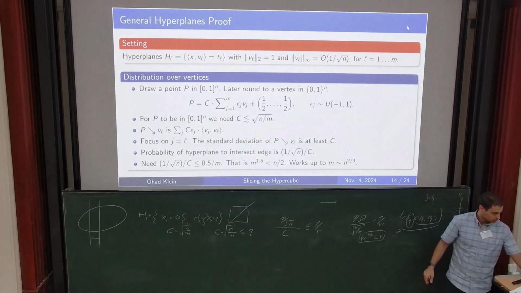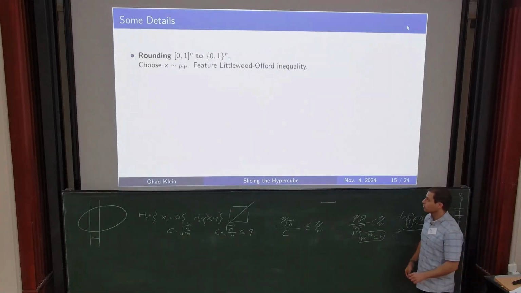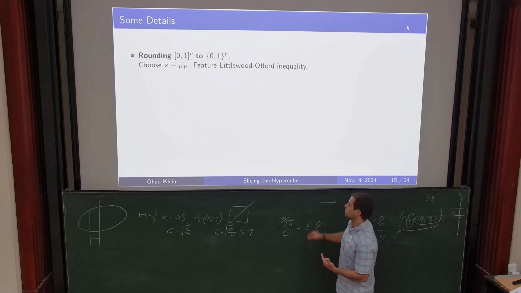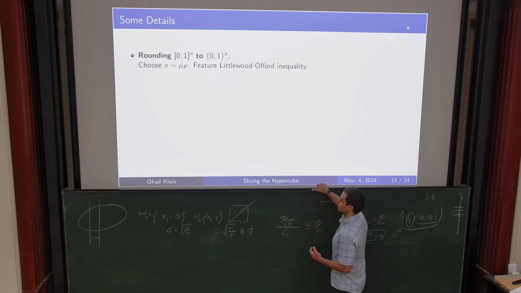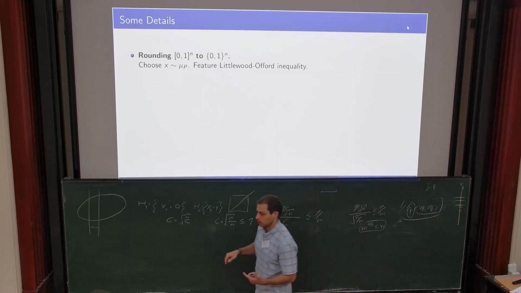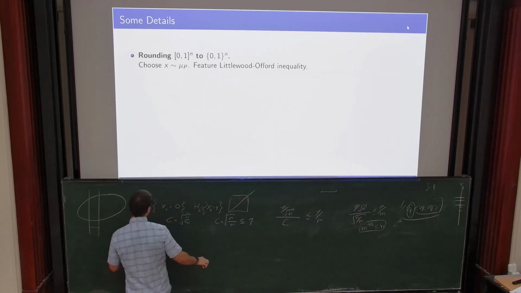Okay, just a few remarks about this proof. The way we round a point in the solid cube to a vertex is basic. We just take a random vertex with this bias of p.